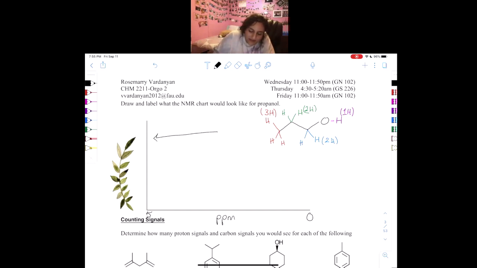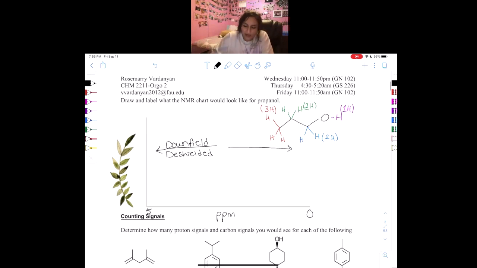So pointing towards the left, or the higher number, we're going to say that that is downfield. And we have D and D, de-shielded. The opposite way is the complete opposite. It is upfield, and it is shielded.